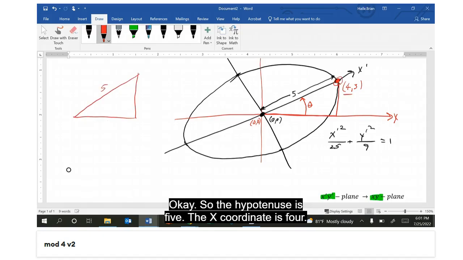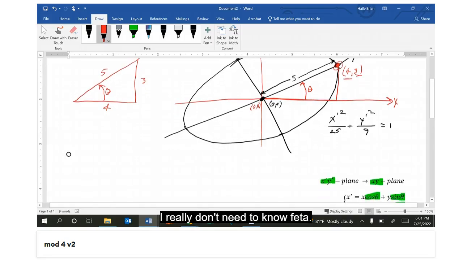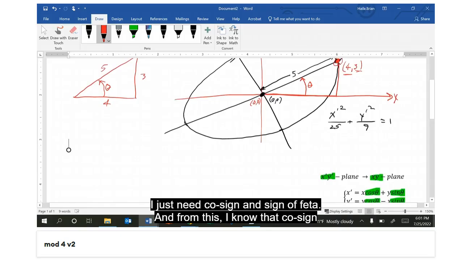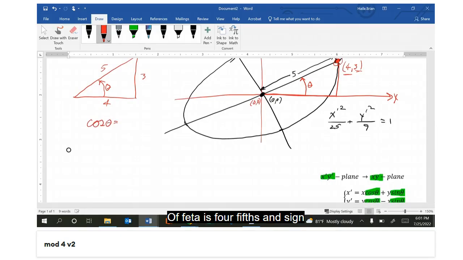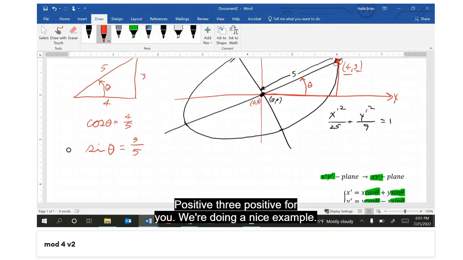The x coordinate is 4, so this side's 4. The y coordinate is 3, so this is 3. Again, this is theta, whatever it is. But like I said, I really don't need to know theta. I just need cosine and sine of theta. And from this, I know that cosine of theta is 4/5, and sine of theta is 3/5. Everything's positive, positive 3, positive 4. We're doing a nice example.